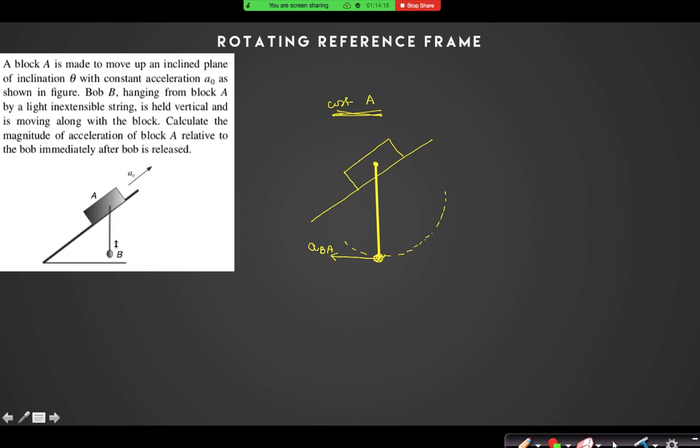Yes? So it will have A0 and this one also. Yes, so with respect to the ground, the acceleration of B will be a vector addition of these two. Yes, sir. This one.